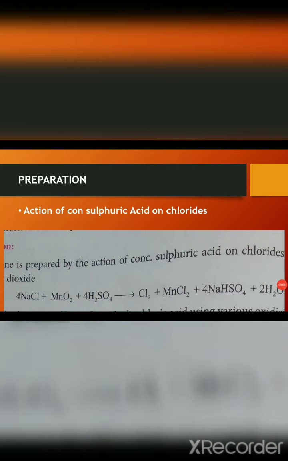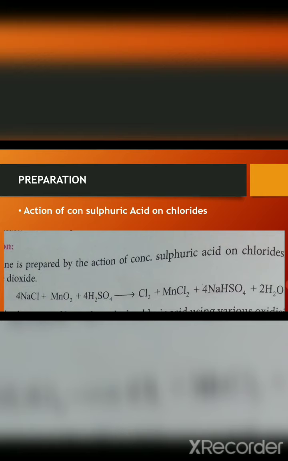The next one is the preparation of chlorine. Chlorine is prepared by the action of concentrated sulfuric acid on chlorides in the presence of manganese dioxide, that is MnO2.